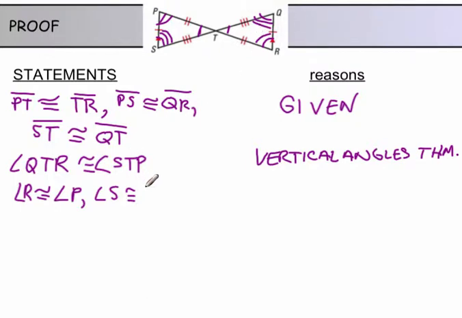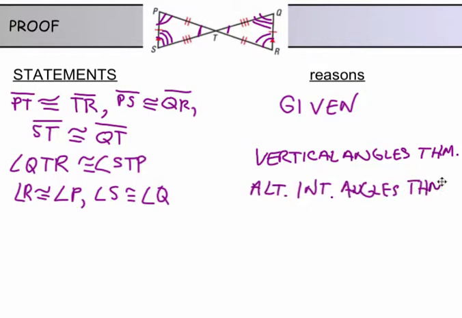So angle S is congruent to angle Q. Okay, and how did I know that? That was the alternate, I'm going to abbreviate this a little bit, alternate interior angles theorem. Oof, my handwriting is nasty. It happens.